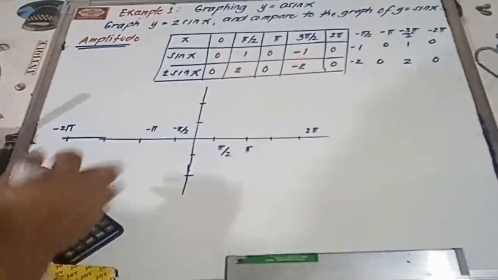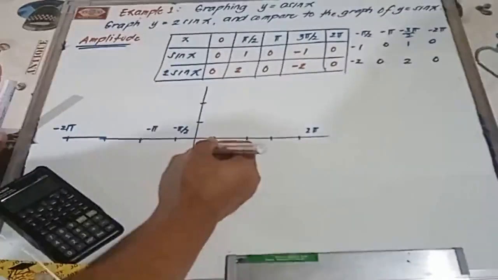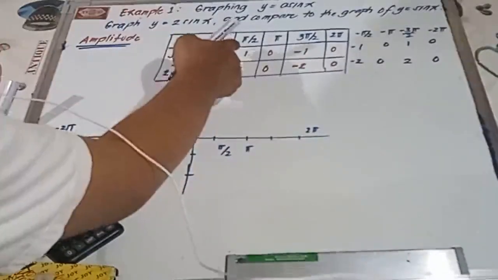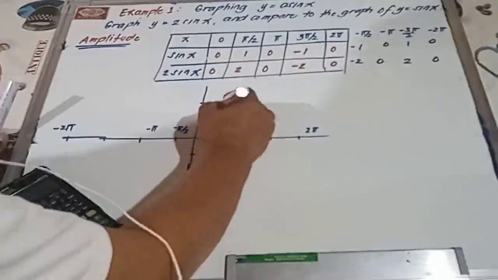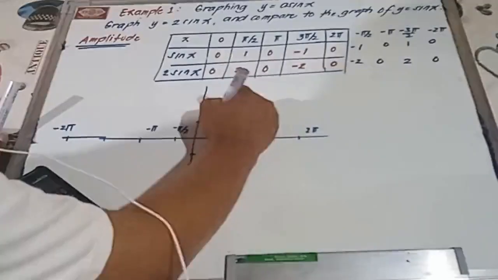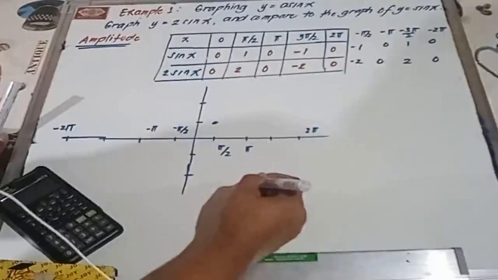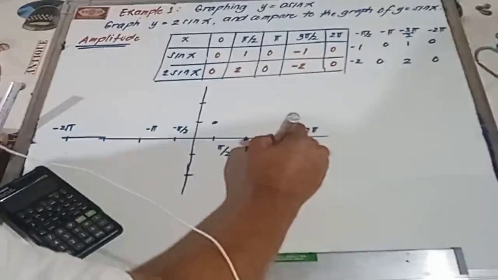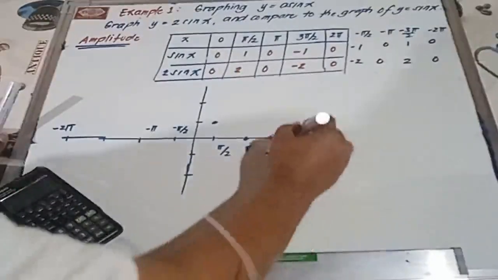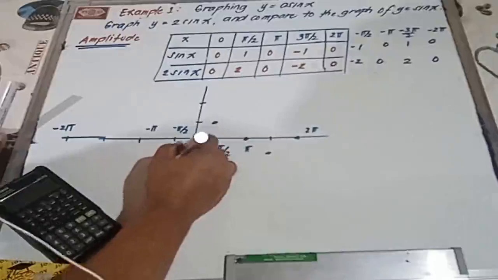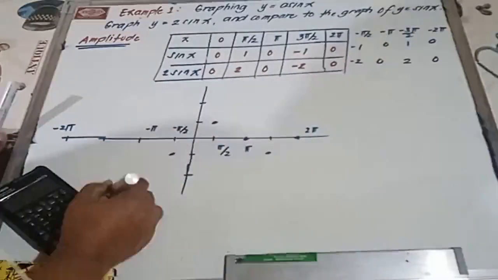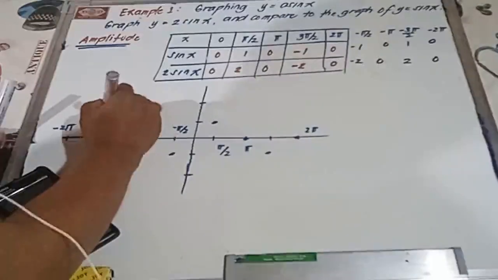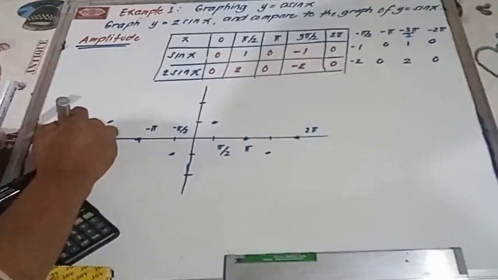Okay, sine x first. 0, 0, 0, 0, 0. At pi over 2 it is 1, and at pi over 2 again it is 1. Then 0, 0 again. At 3 pi over 2, negative 1, and then 0. Here it is the same: negative 1, 0, and then 1, 0.